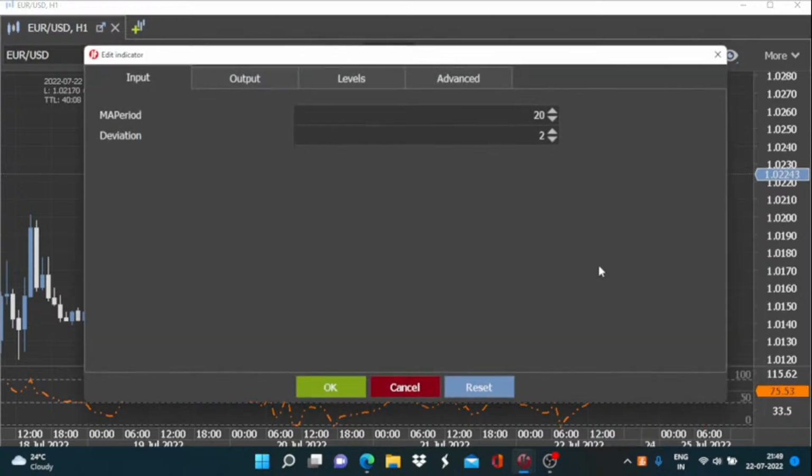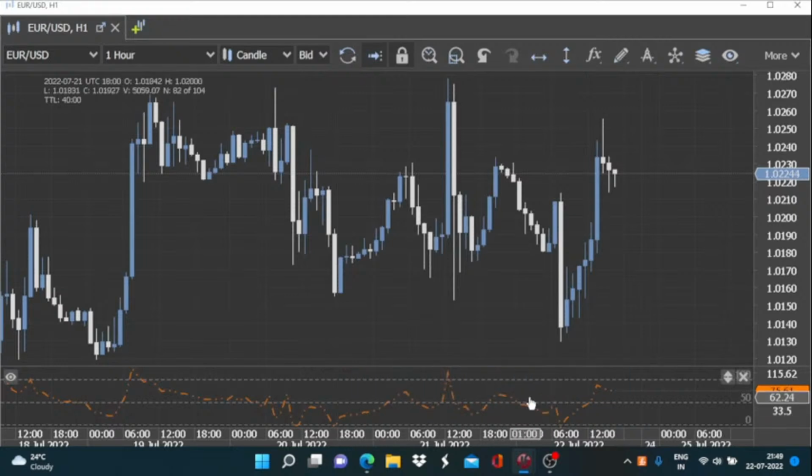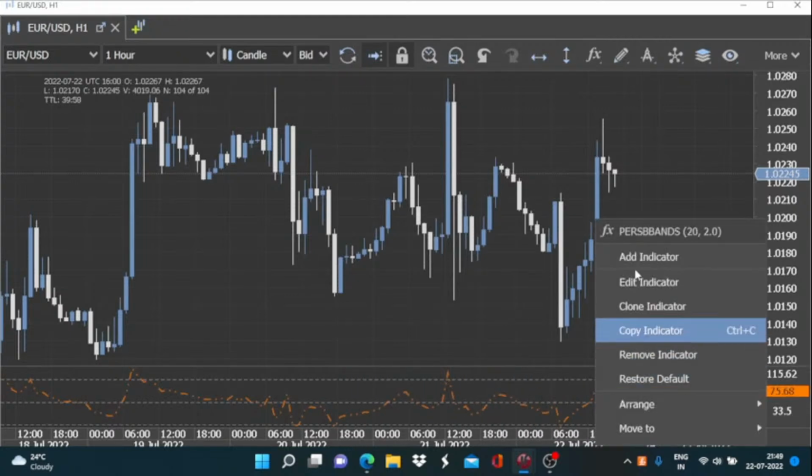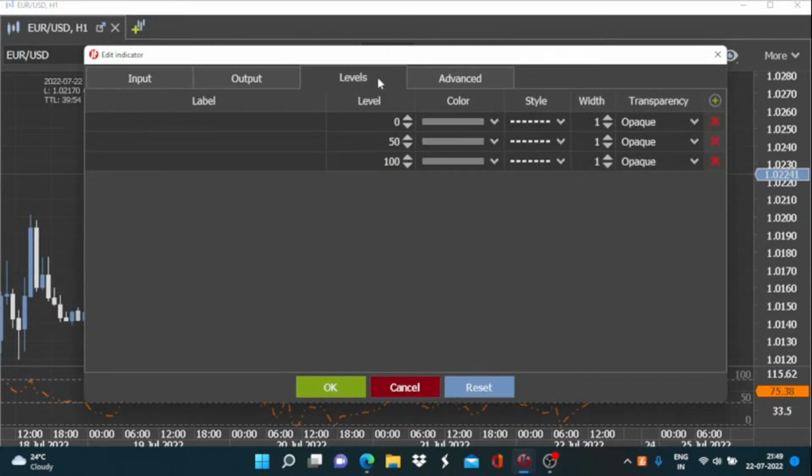Now let's see what more can be done. So we have this output. If you want to reduce the transparency, it is with the reduced transparency. Then again, what more can be done? We consider the levels. In most of the trade indicators, we don't really get the output options for defining the levels, but here we have this option where we can define the level.